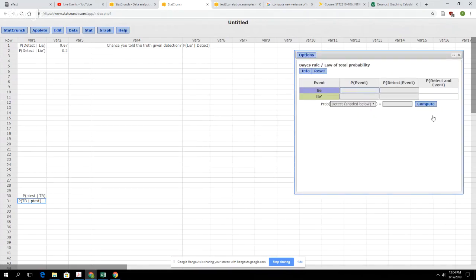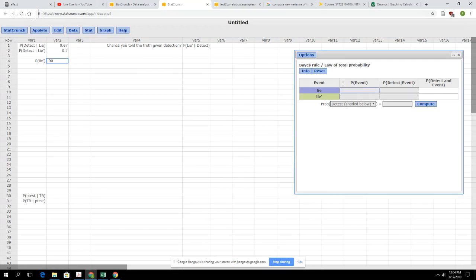Recompute this. Oh, and we need one more piece of information, guys. Somewhere between, I don't know, 85 and 95% of people tell the truth. So we need that probability. So let's call it 90 for this example.